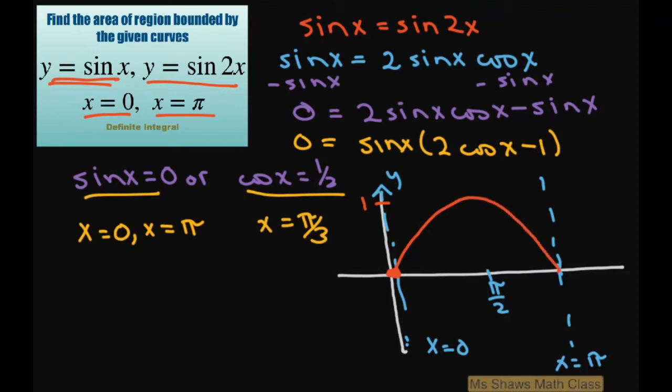And then for the sine of 2x, that means we have 2 waves between 0 and 2 pi, so we have a complete wave between 0 and pi. It goes up a little higher here.